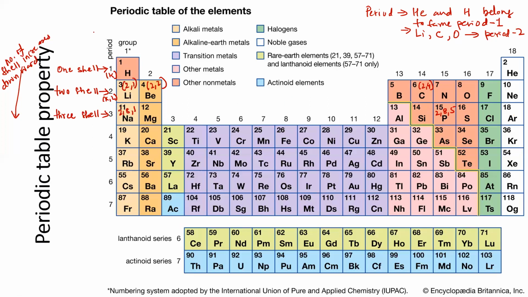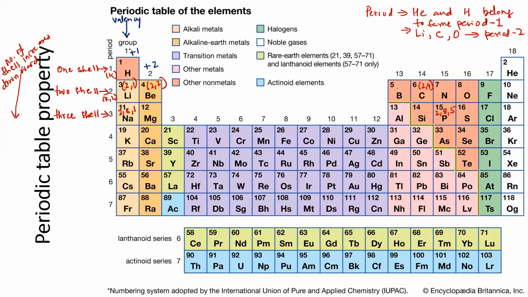Now, vertically downward, if you see here, these are called your groups. Group means your valence electron, or valency, technically. So here, hydrogen has a valency of +1. Beryllium has a valency of +2, right?